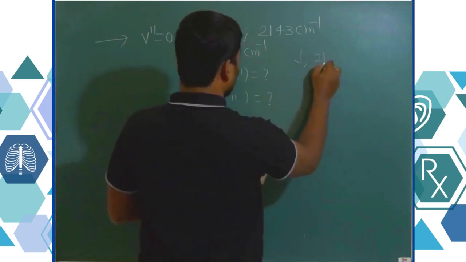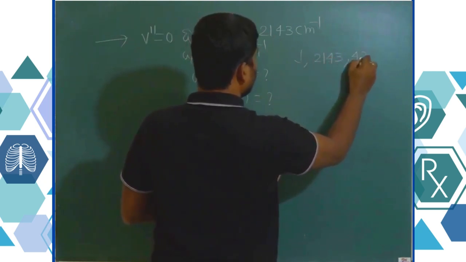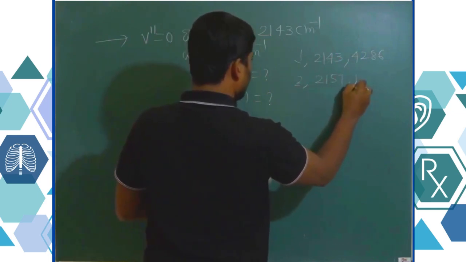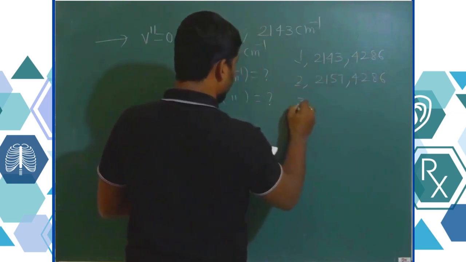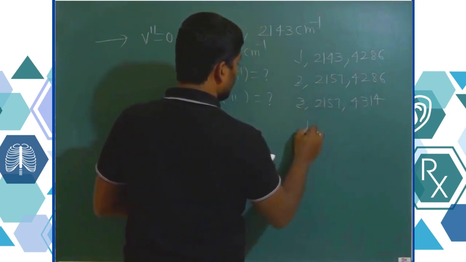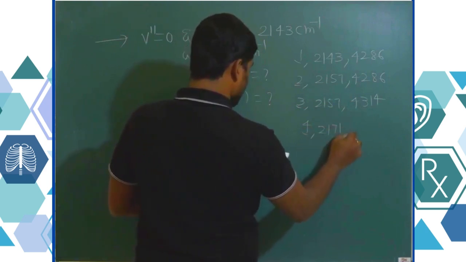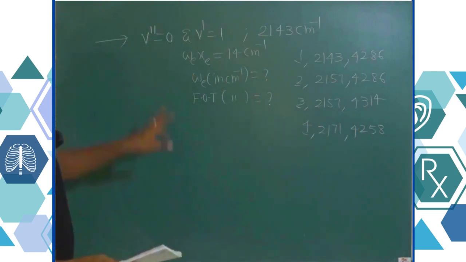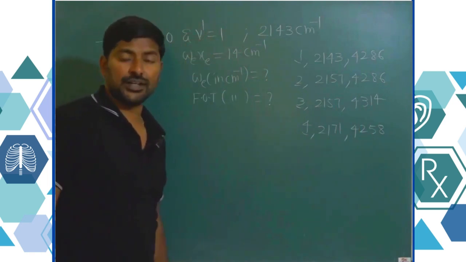Options given: 2143, 4286; 2157, 4286; 2157, 4314; 2171, 4258. We know 0 to 1 is the fundamental transition.